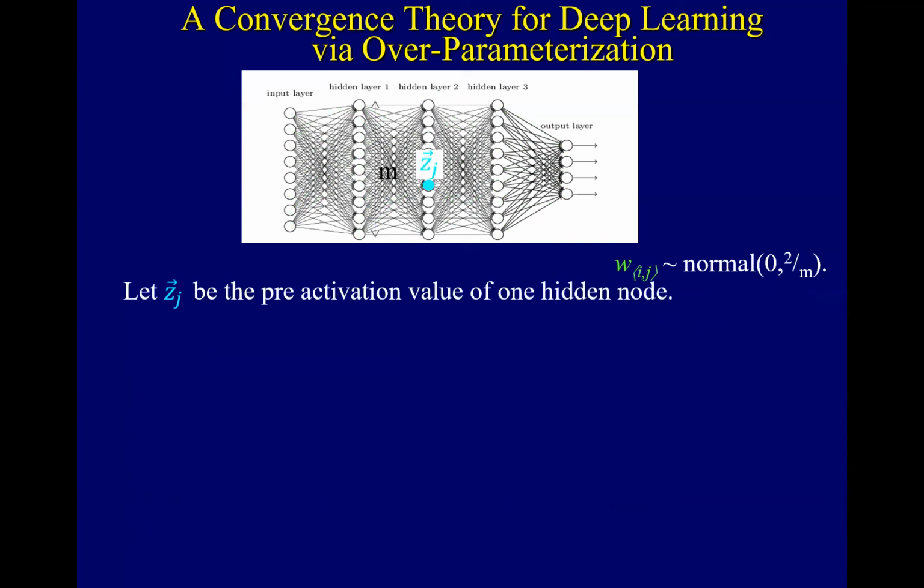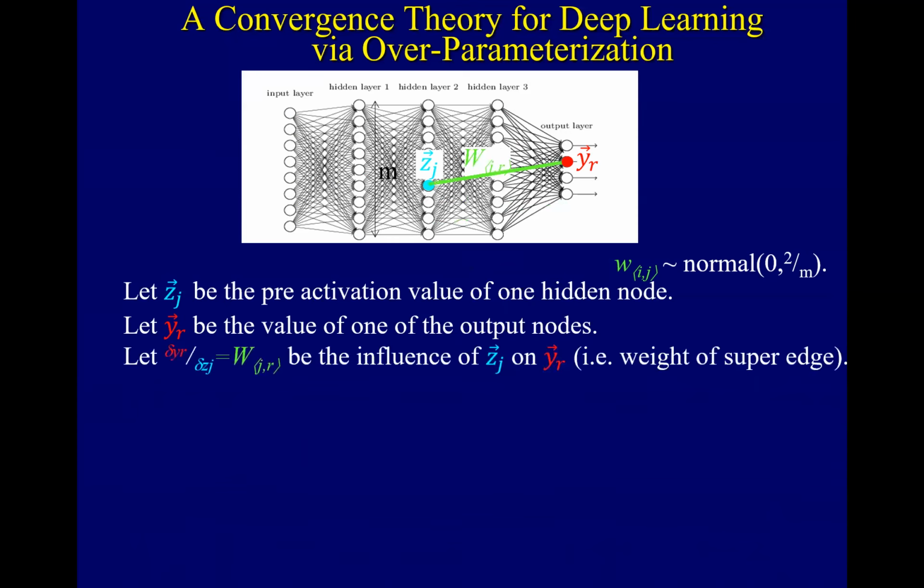Anyway, all right, so now we're going to start taking derivatives. But before that, here's some pre-activation value at that level, and we're going to feed it all the way over to one of the outputs, and ask, if you change this a little bit, how much does that change?